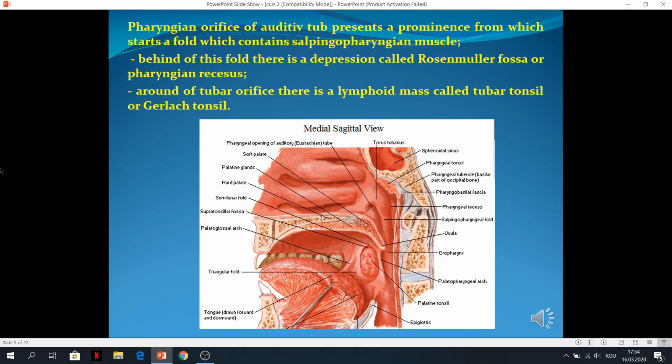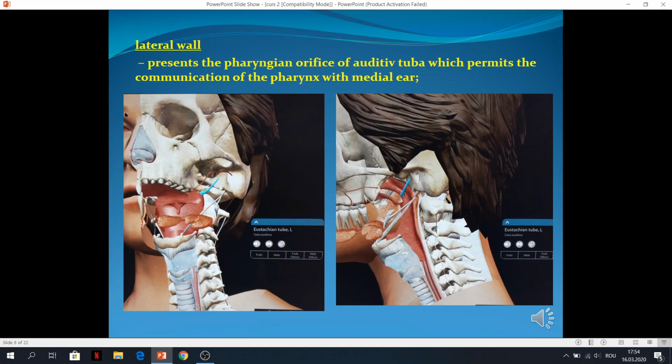The nasopharynx communicates with the middle ear because there is here a canal, a tube, the auditive tube, or Eustachian tube. So the orifice of the pharynx is on the lateral wall of the pharynx, which permits the communication with this tube here, or you can see it here.